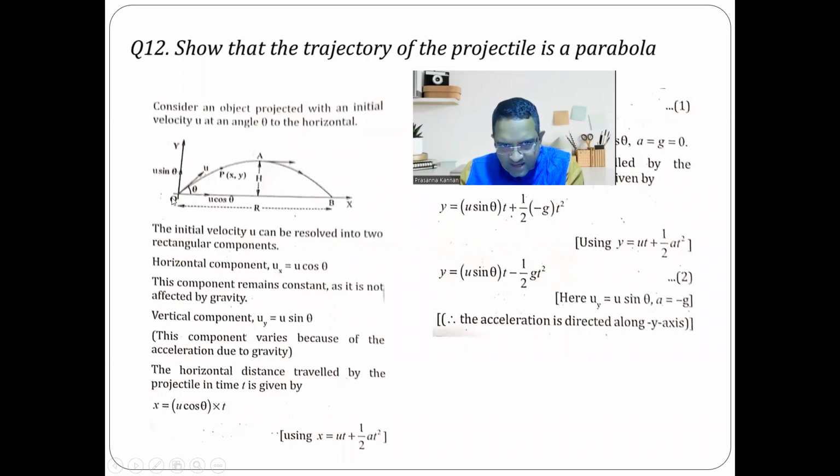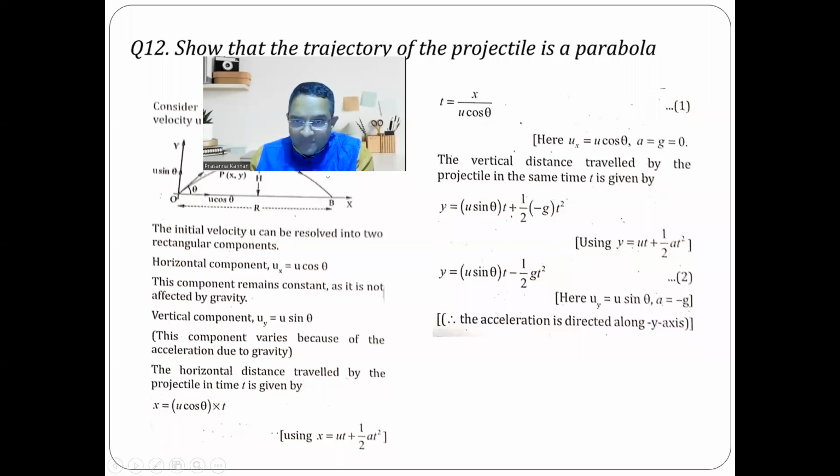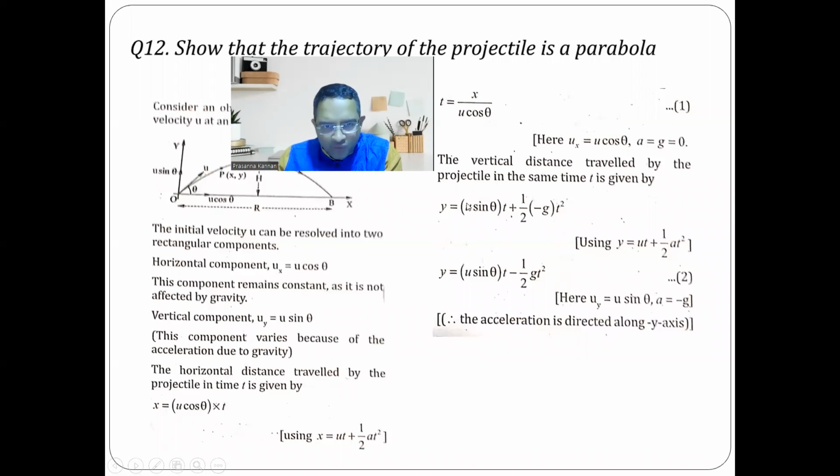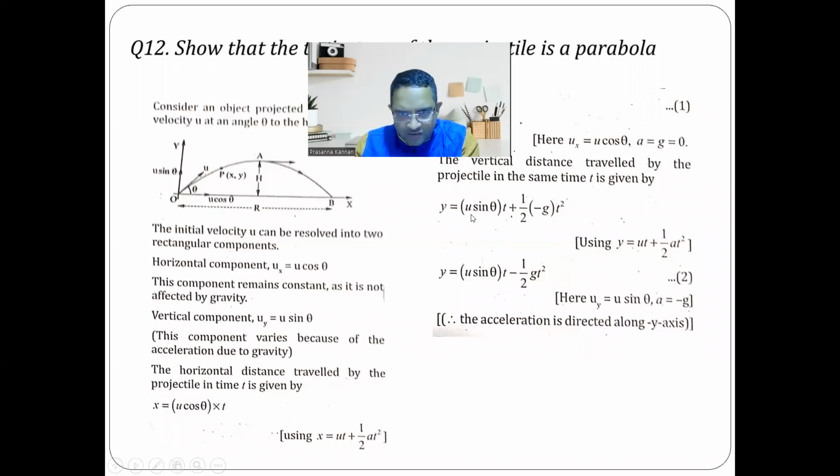The horizontal distance x traveled at any time is given by x is equal to u cos theta into t. And y is given by ut plus half at square, where the initial vertical velocity is u sin theta, so u sin theta into t, plus half into minus g, because acceleration due to gravity is in the negative direction, t square.